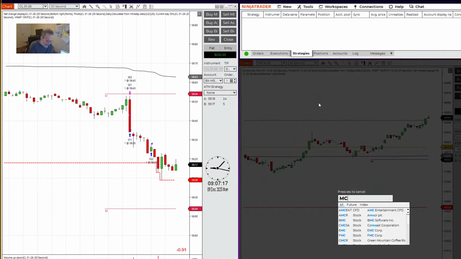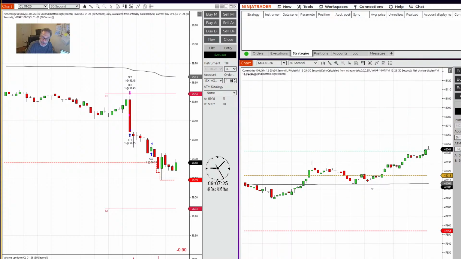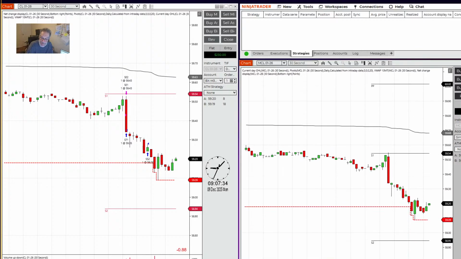So one thing you can do, lower risk, you could trade it on MCL if you don't want to give back so much money. Now, similar signals, MCL gave the buy.